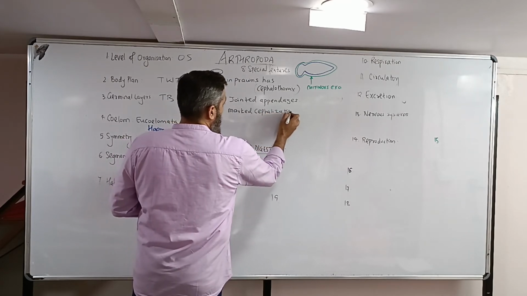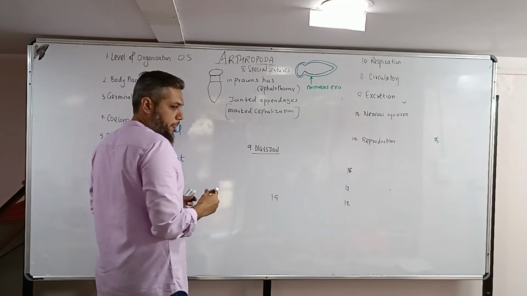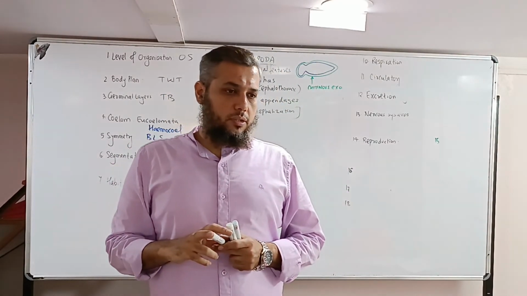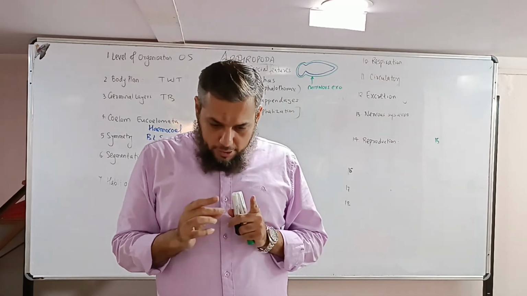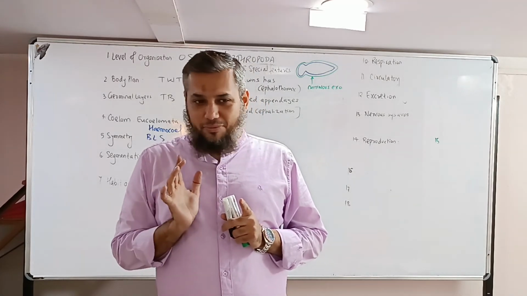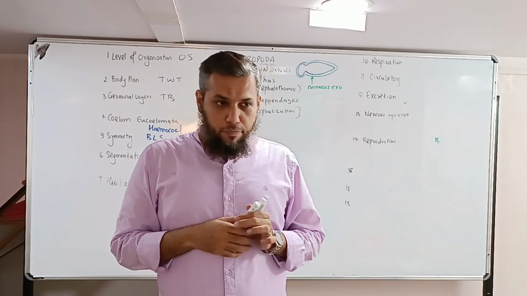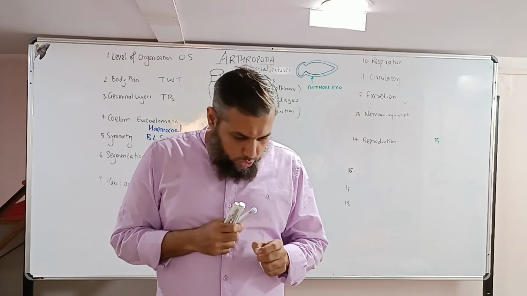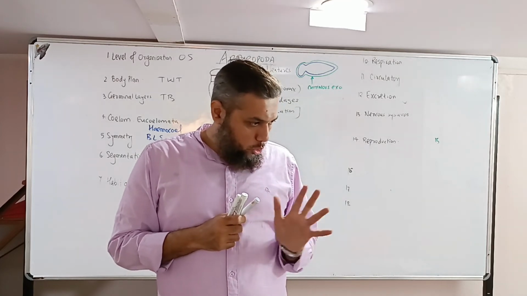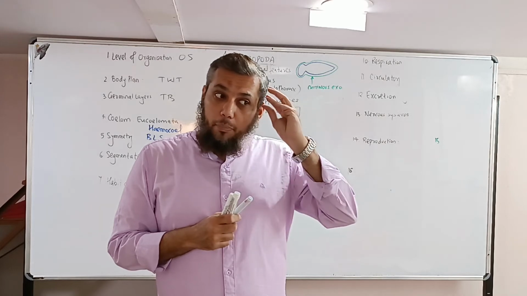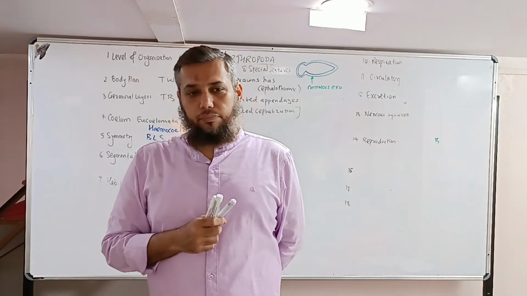What do you mean by marked cephalization? Distinct cephalization. आपण कॉकरोच कडे बघितलंच, if you look at an earthworm it's a little bit difficult, you have to search for it, but if you look at a cockroach, do you get confused? No, because it shows proper development of a head region.